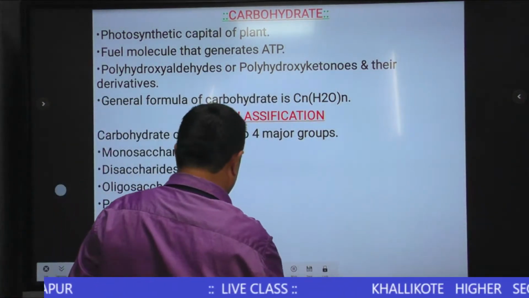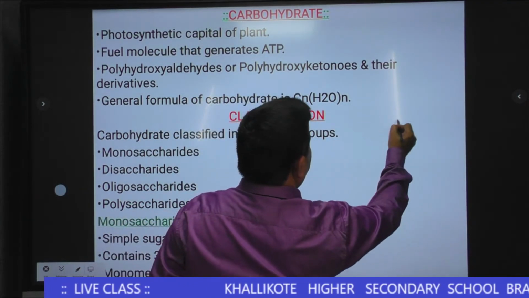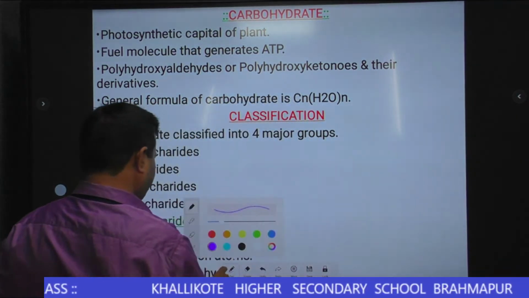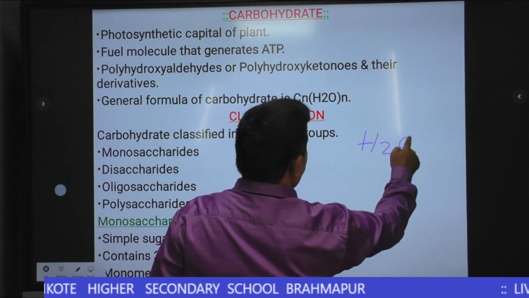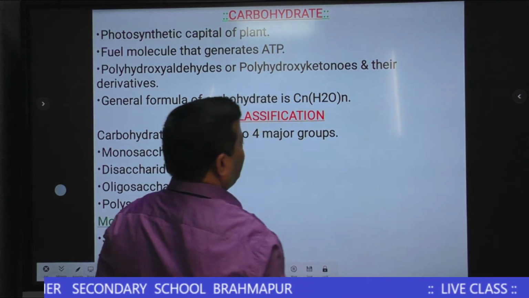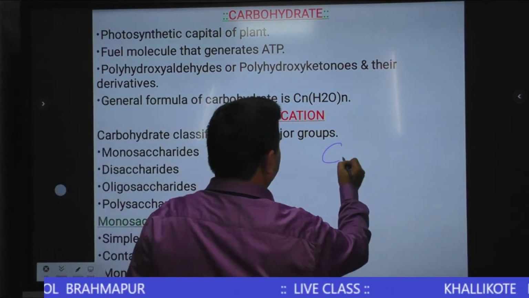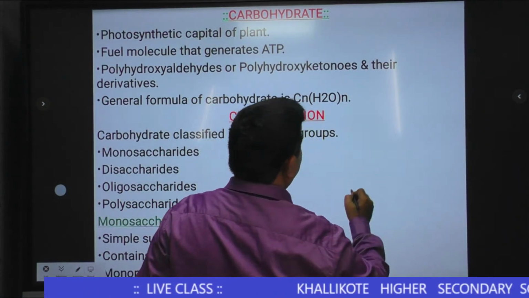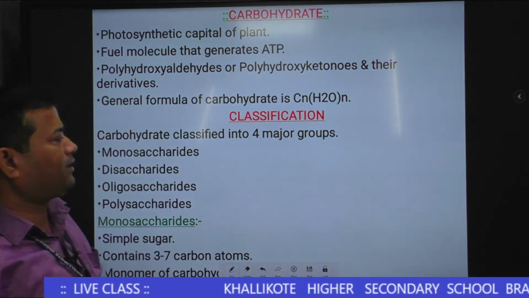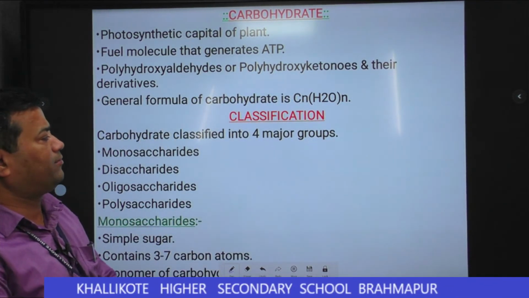Why is it considered a hydrate of carbon? Because it is carbon with H2O, so it can be considered as Cn(H2O)n. Here the number of water molecules is n and the number of carbon atoms is n.